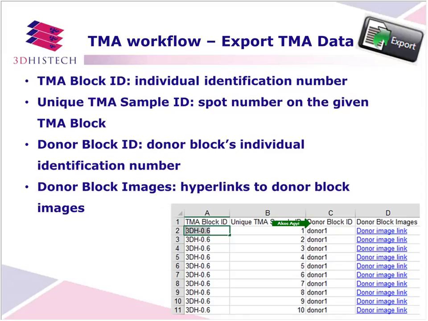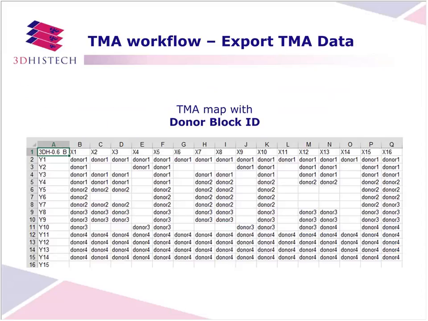In the third column, you can find the donor block IDs, and finally, in the last column, you can click on the image links, which open the donor block images, which are saved during the coring process. The TMA export file has some extra sheets with TMA maps. In this picture, you can see a TMA map with the donor block IDs.